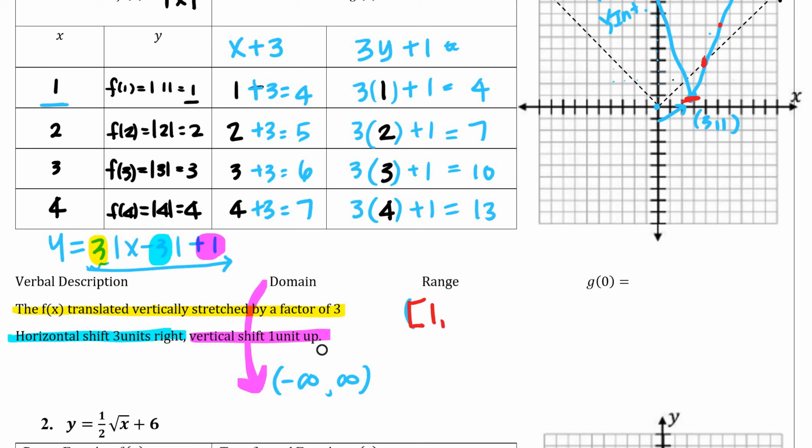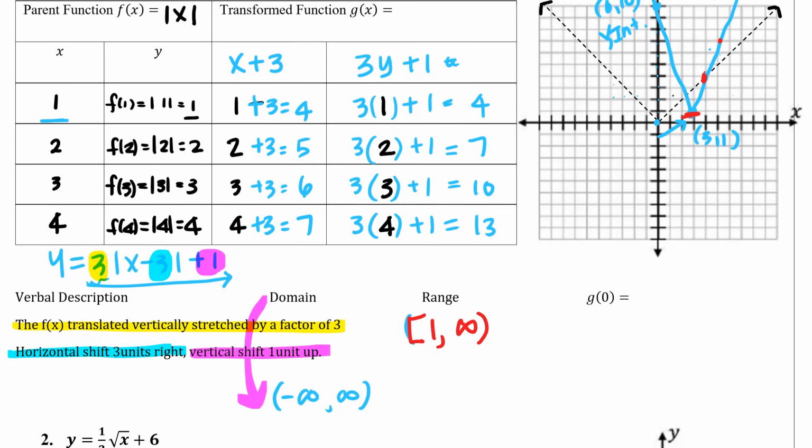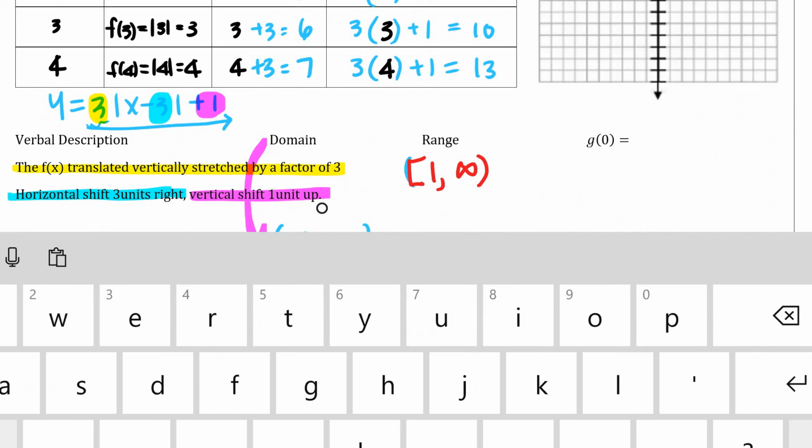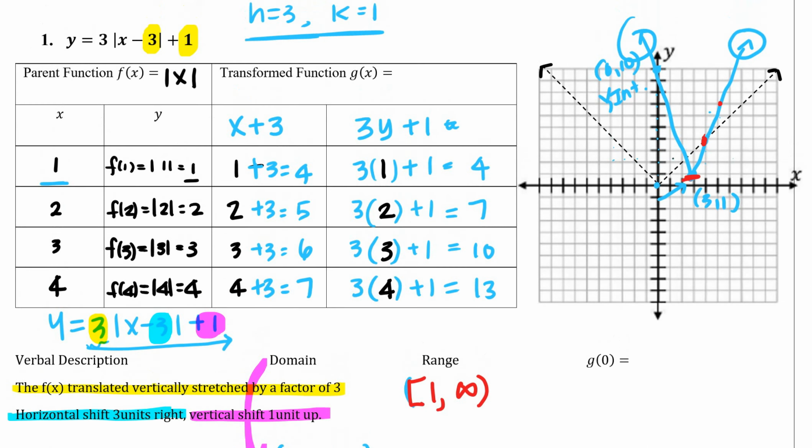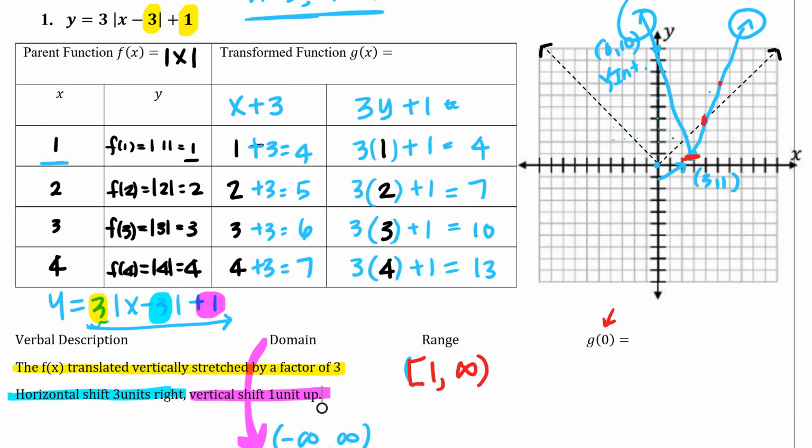So 1 to infinity. And then g of 0 means that when x is 0, we are trying to find the y-intercept. That's a critical point. The intercept was 10. That's it. If you have a question, come to tutorial.